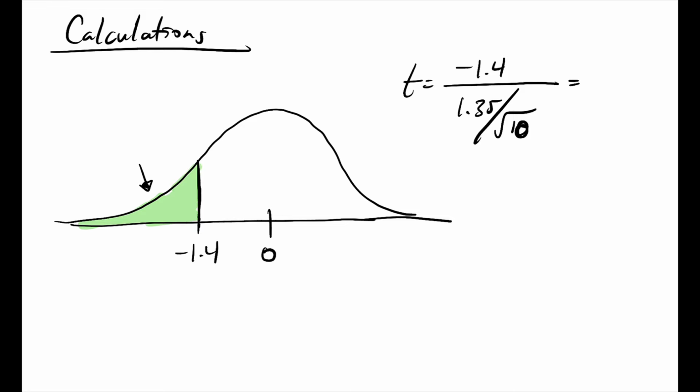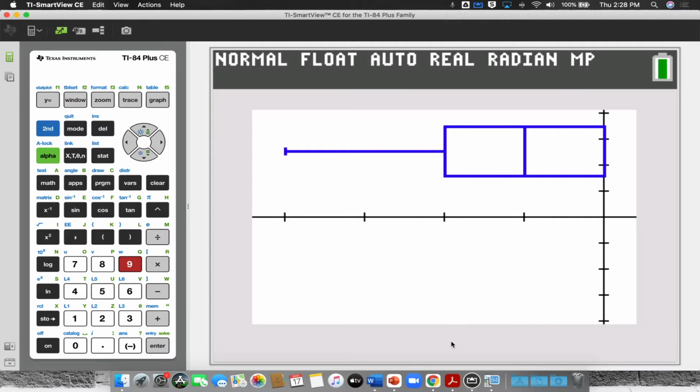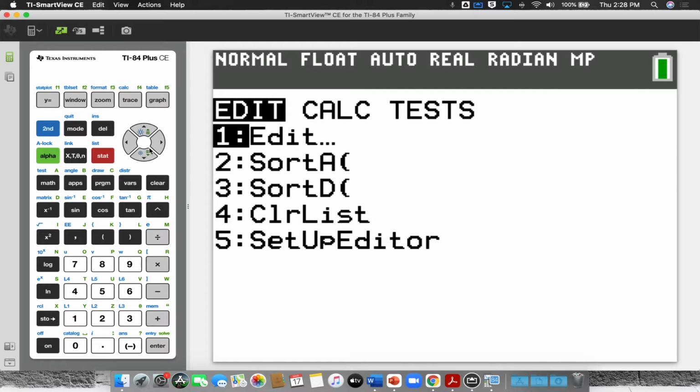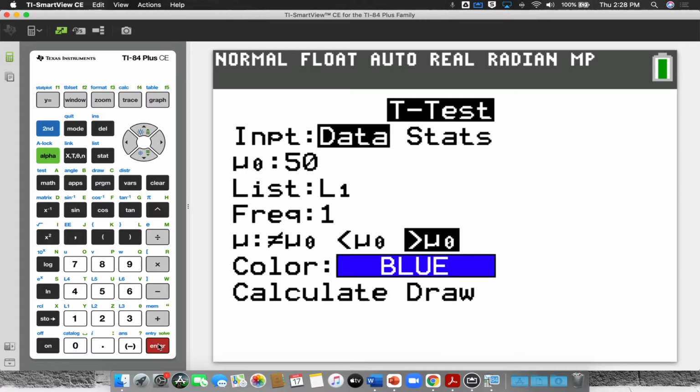Okay, calculator time. When you use the test function on the calculator, make sure you use a 1 sample t-test. It's not a 2 sample. So it's going to be number 2. Data.